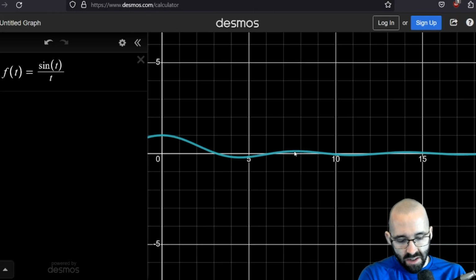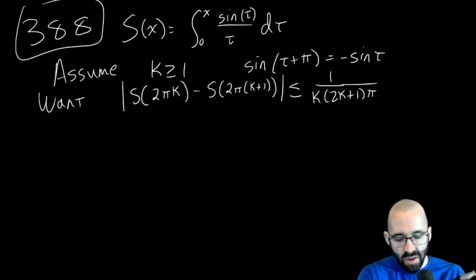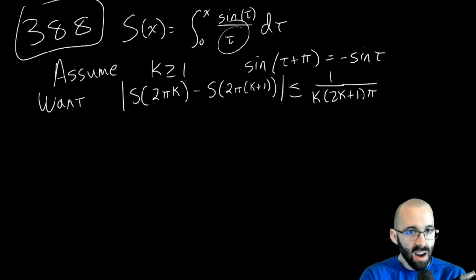Because basically what we're talking about is this integral, because s can be thought of as an integral. So if we're integrating up to 2 pi k, and then integrating up to 2 pi times the next k, this top part is 2 pi periodic, and the bottom is not periodic at all.